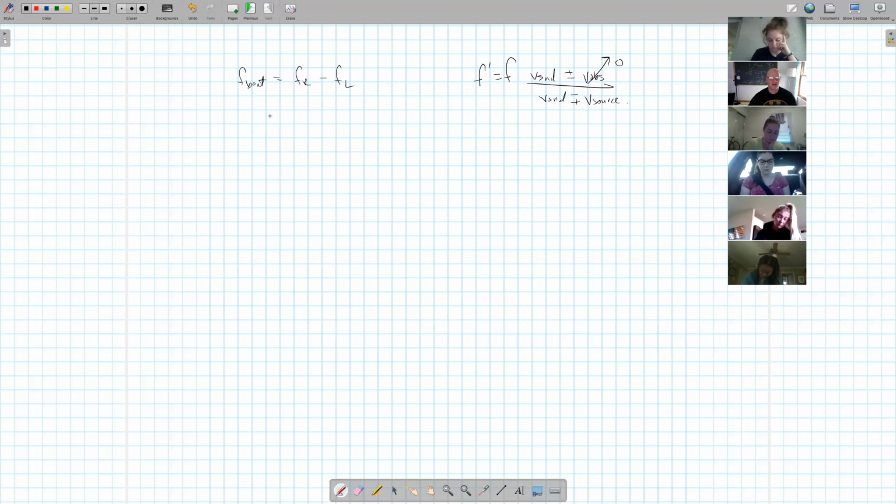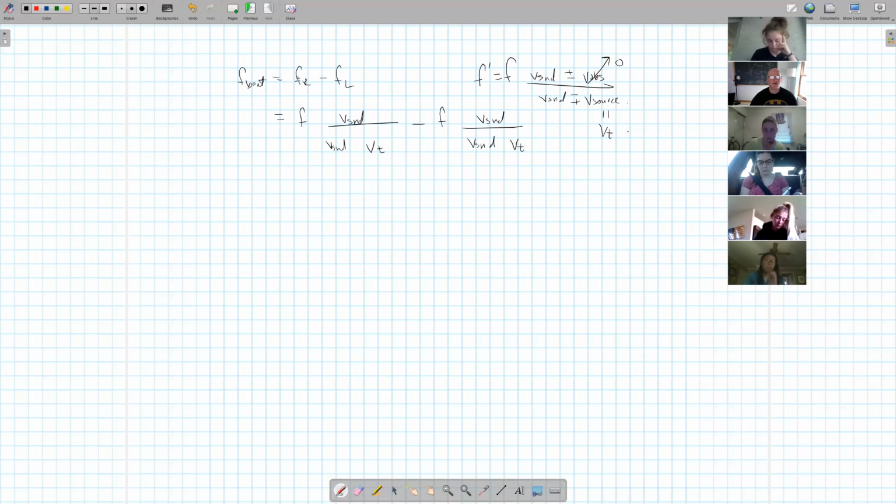So that means for this one, we can write this as the actual frequency times simply the speed of sound divided by the speed of sound minus the speed of the truck, and then we're going to get a minus the frequency times the speed of sound divided by the speed of sound plus the speed of the truck, since in this case, the speed of the source is equal to the speed of the truck.